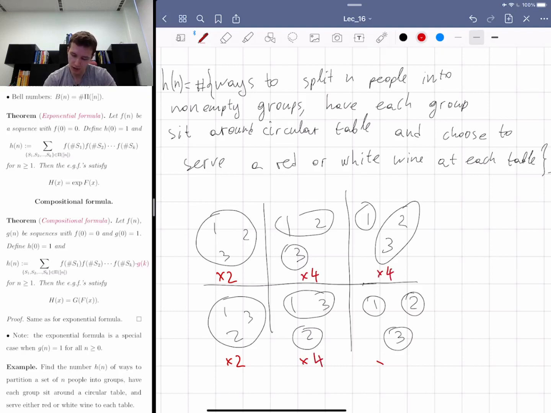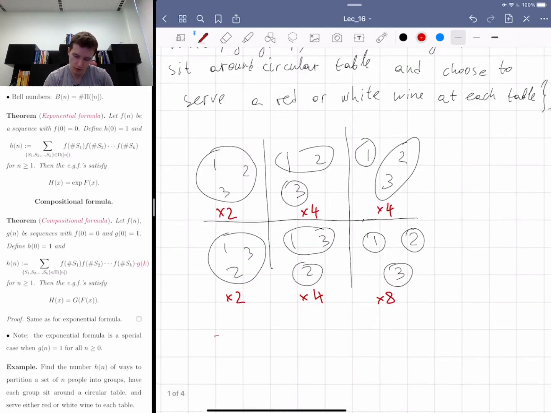And finally here I have 3 tables, so I have 8 options. Now 2 plus 2 plus 4 plus 4 plus 4 plus 8 is 24, so the new h of 3 is 24, which is quite suggestive.